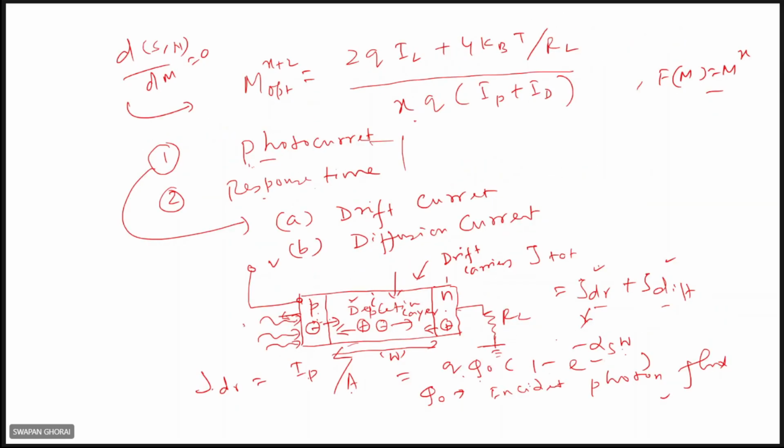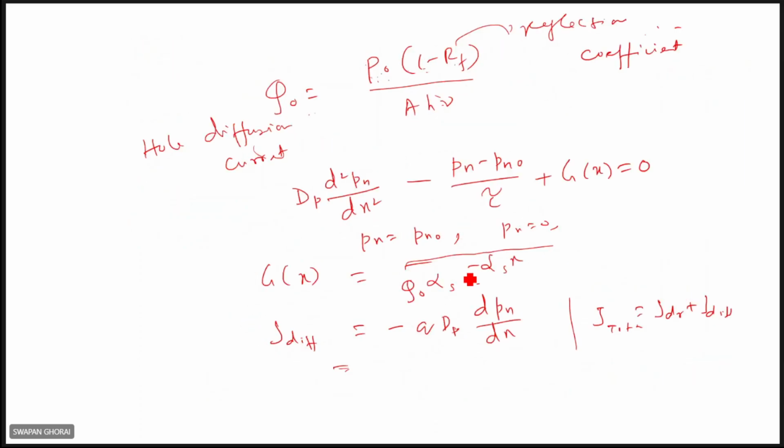Now, I told you the diffusion current will be due to electrons and due to holes. But since this region is very thin, you can neglect the electron diffusion current, but you have to consider the hole diffusion current precisely. So the hole diffusion current can be calculated using the charge control equations.